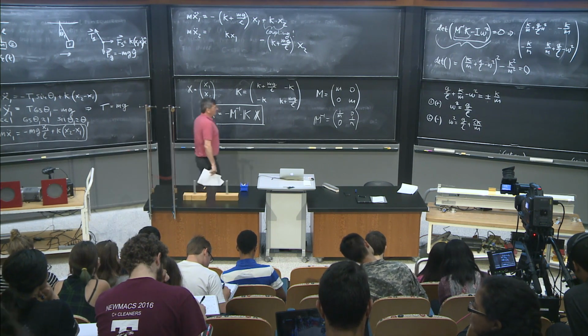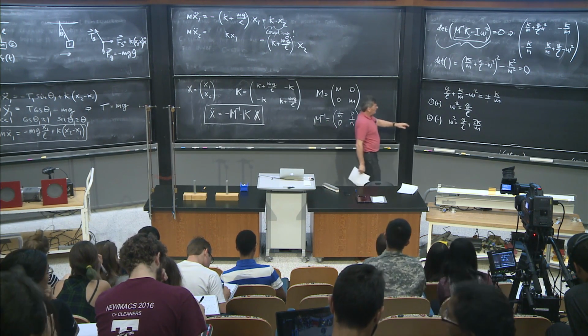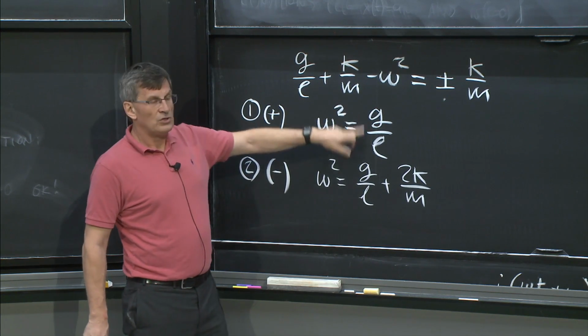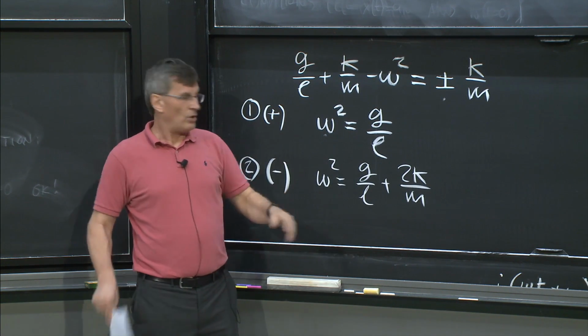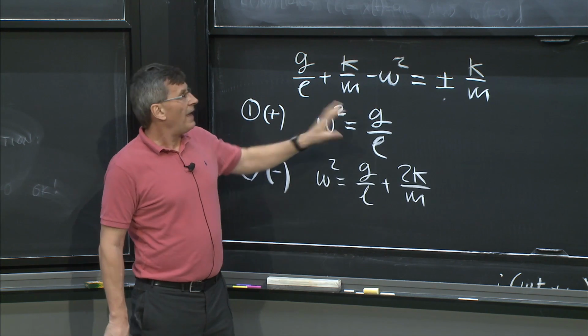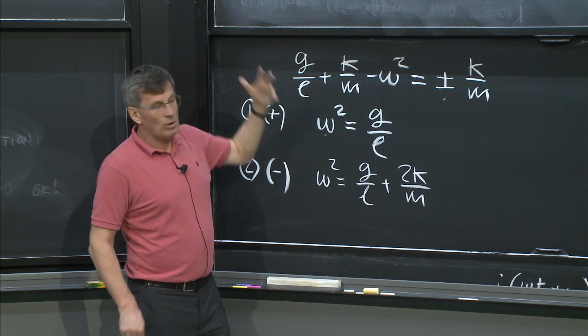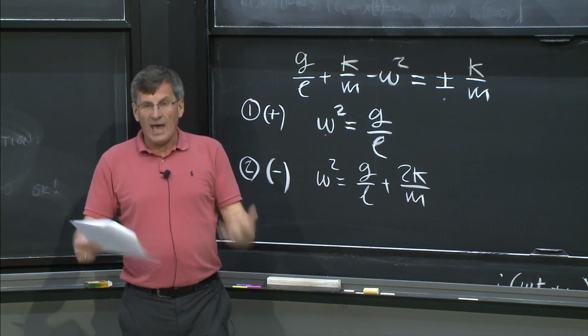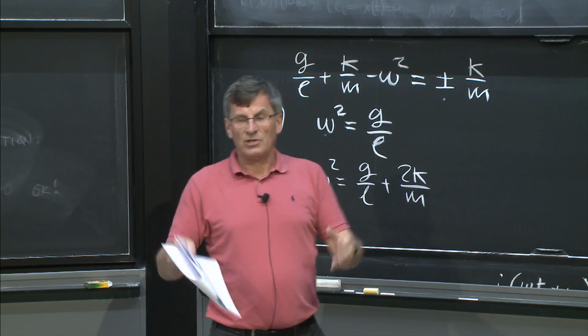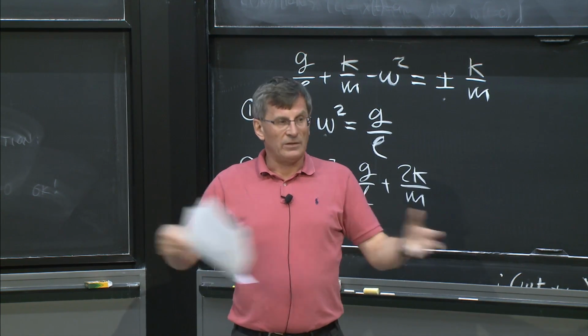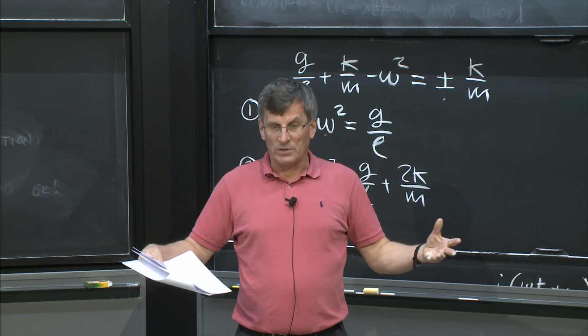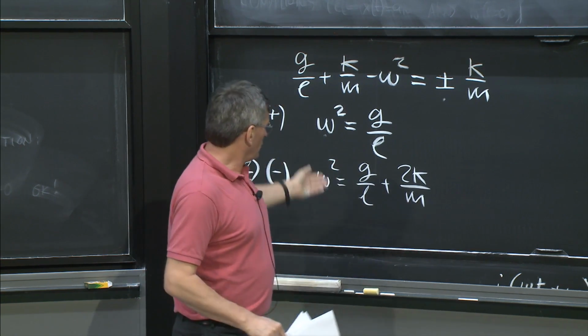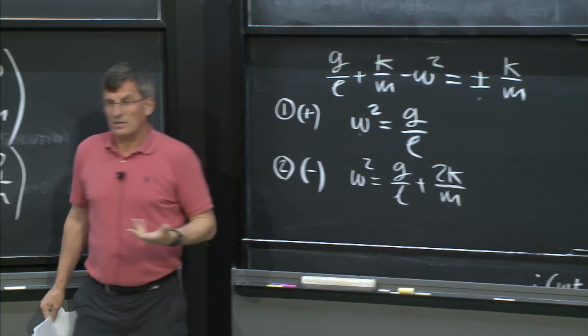So what this says is that if I set the system to oscillate at this frequency, then I will be able to set things up such that it oscillates forever at this frequency, one fixed frequency forever. And this is interesting. This is a frequency that does not depend on the strength of the spring.